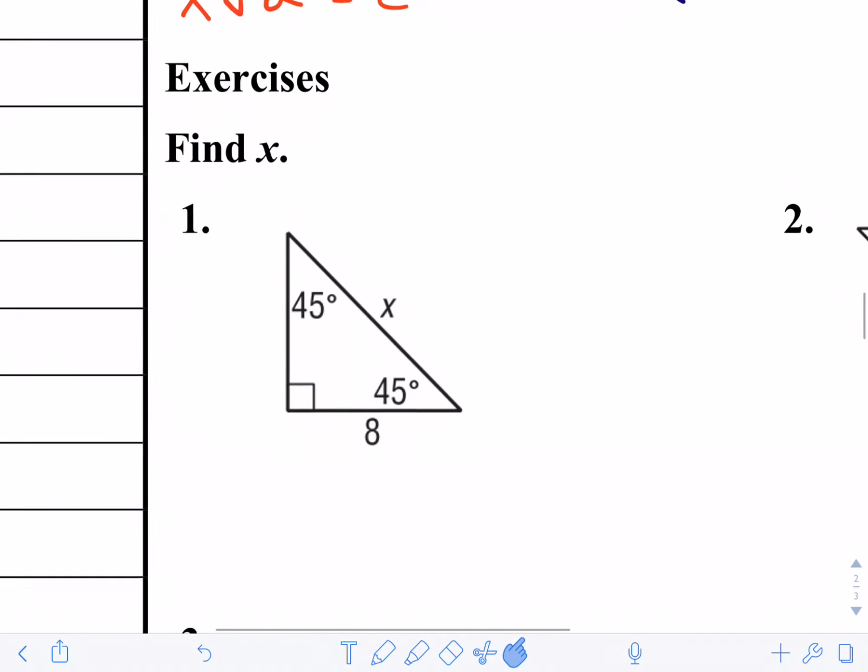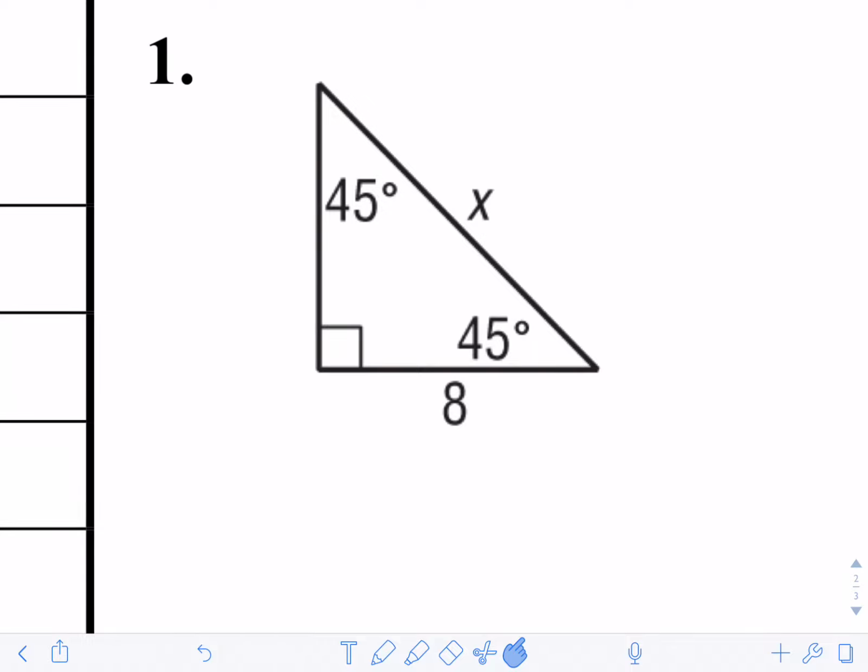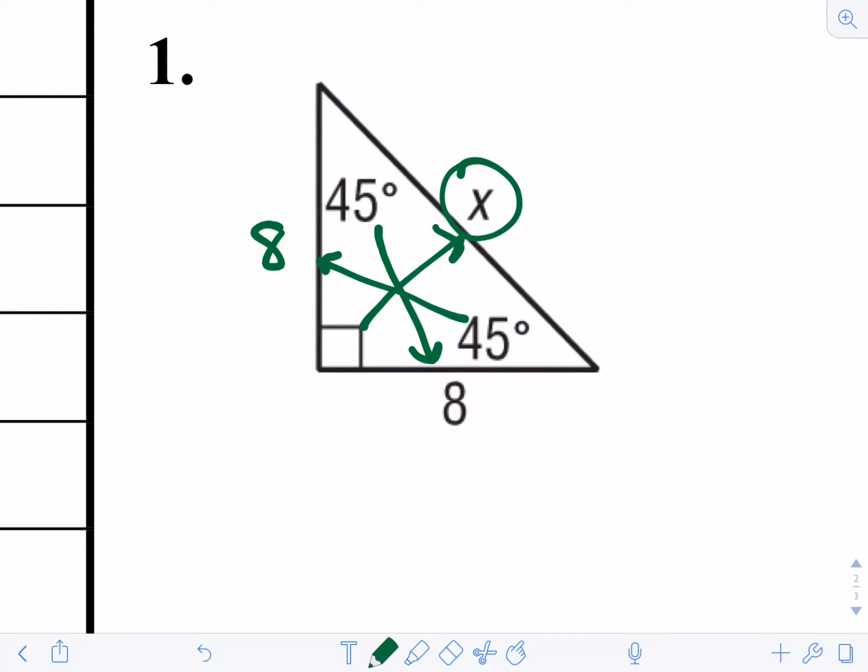Okay, so starting here with number 1, you have a 45-45-90 triangle, and so what you know is across the 45s is going to be 8, and you don't know what across the 90 is. Okay, that's why we have this x, and that's what we have to solve for. First thing you do is you write down your 45, 45, 90, x, x, x square root of 2. The next thing you need to do is you write down what you know.